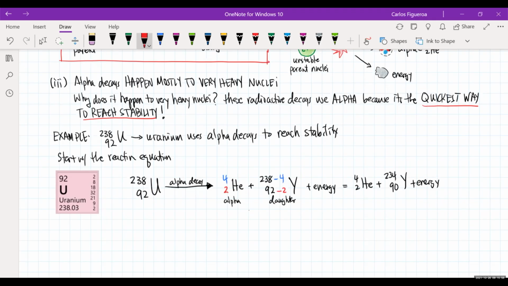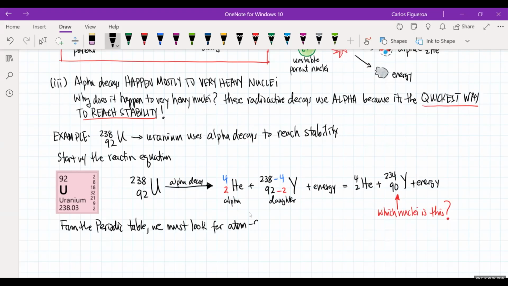So then our question is this. Which nuclei is this? Well, from the periodic table, we must look for atom 90.